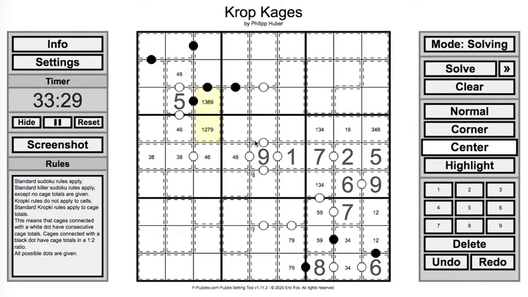Now let's have another look. Five, 10, 20.